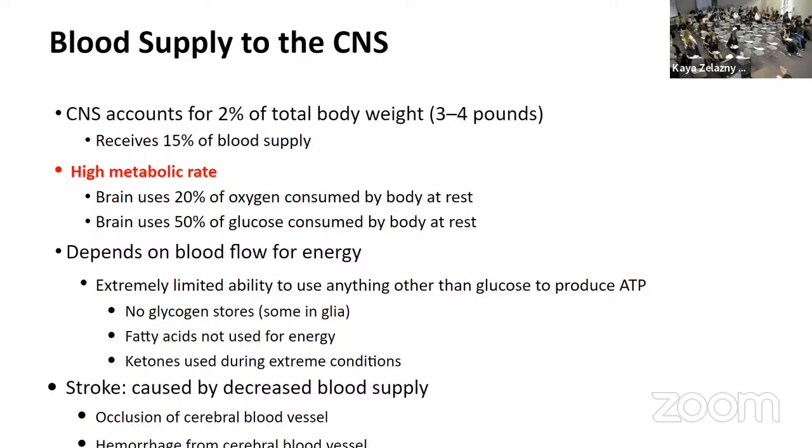When something gets blocked, something's occluded, it's cut off. Hemorrhage can also create a stroke. So hemorrhagic strokes are a thing. If you have a blood vessel that bursts and you're bleeding in your brain, that is not really a good way for those cells to get their tasty glucose and oxygen. So that's also going to create regions of the brain that are not getting enough blood.